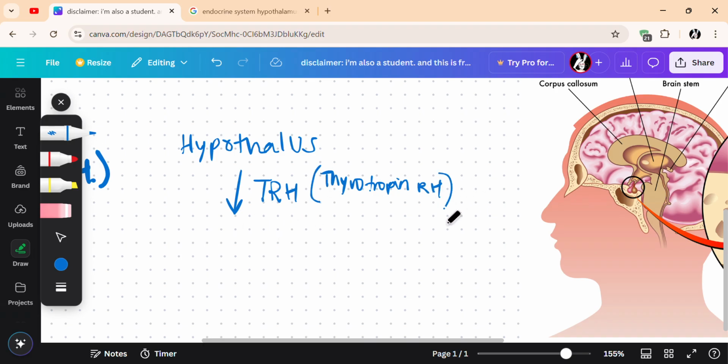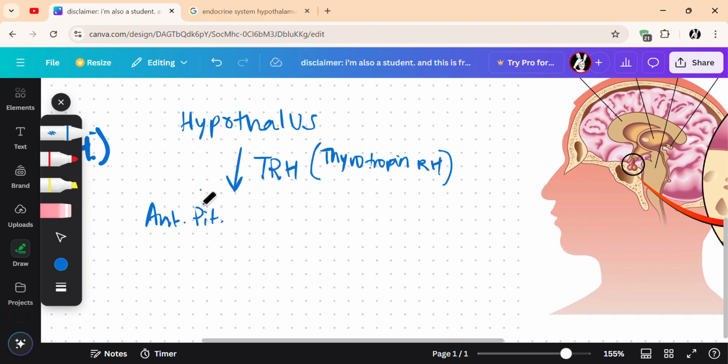Thyrotropin releasing hormone will go to the anterior pituitary and signal the activation of a stimulating hormone, specifically TSH, which is thyroid stimulating hormone. You can think of this as a type of tropic hormone.